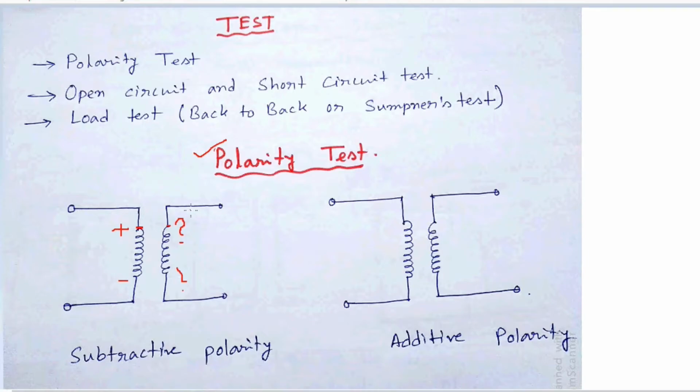These relative polarities of the primary and secondary terminals at any instant must be known during parallel operation of the transformer. This concept is also useful for the back-to-back test or Sumpner test.